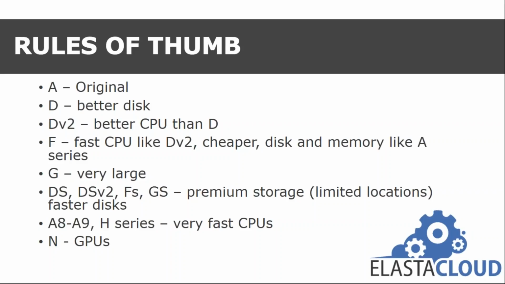Then the D series gives you better disks, DV2s, better CPUs than the D. The F series, fast CPUs, but they're cheaper. Disk and memory, much like the A series. When we get to the G series, you're getting into very large servers, and the DSV2s, premium storage, and we can go on and on. So you have a wide range of servers depending on what your needs are. You want to be able to use the right technology that you need.